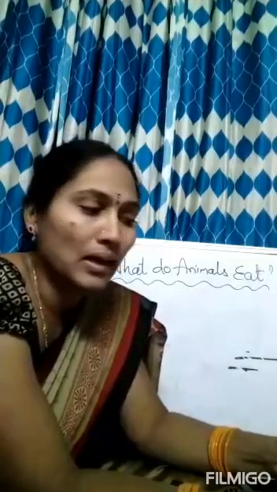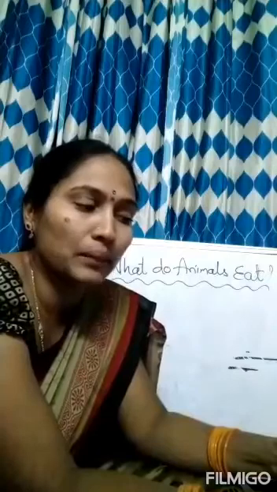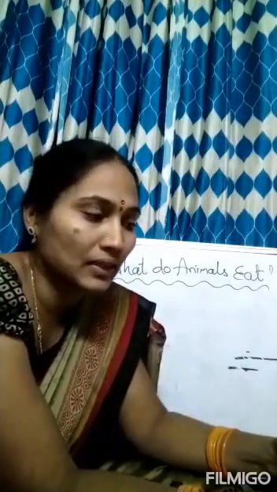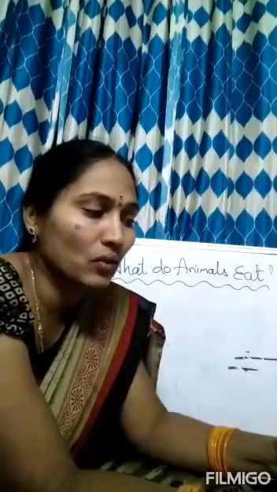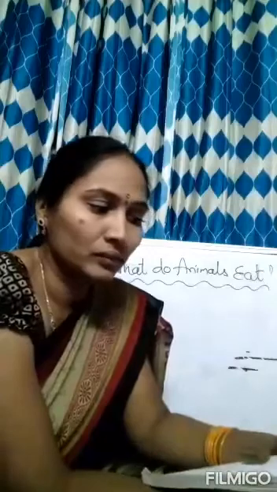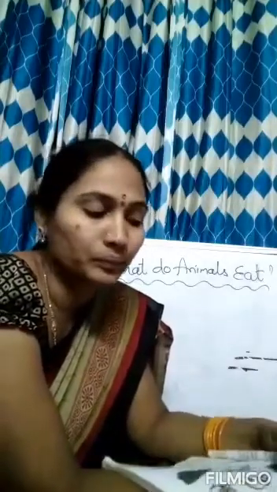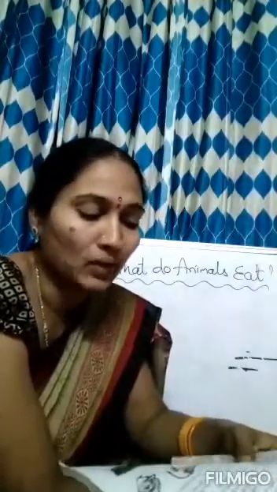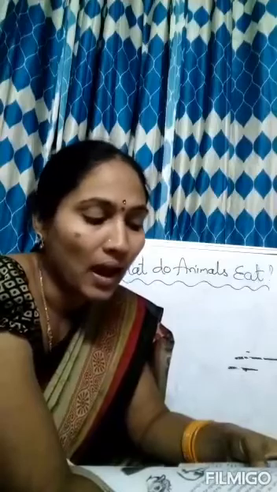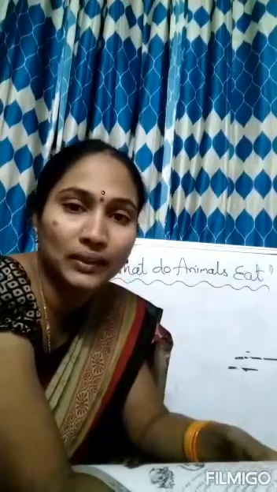Also, different parts may be used to take in the same type of food, like hens use their beaks to pick insects, while frogs use their tongues for the same purpose. Here hens and frogs both eat insects, but the frog uses its tongue to eat the insect and hens use beaks to eat the insects.